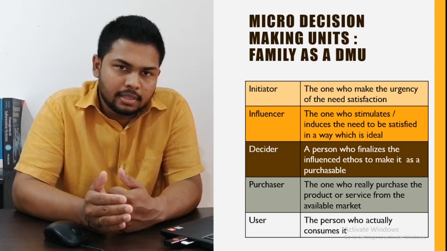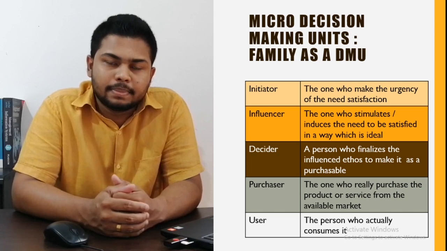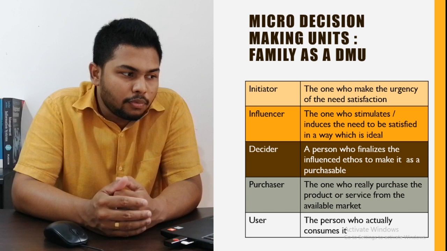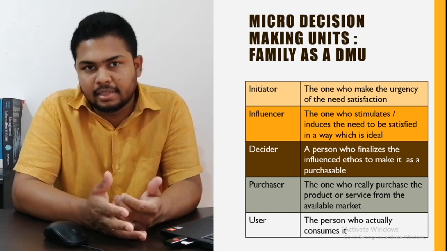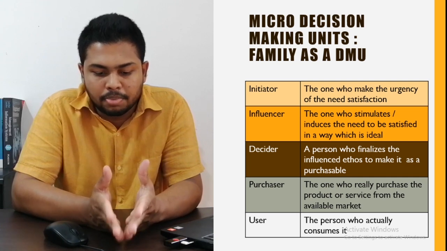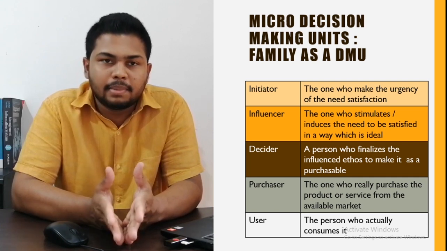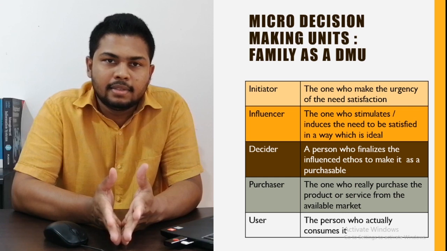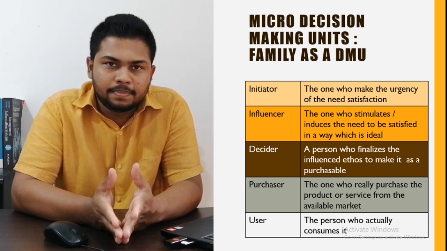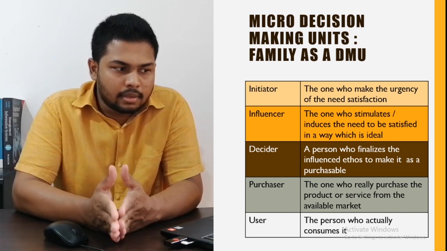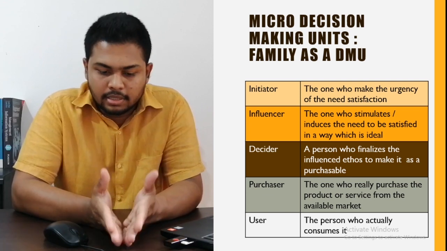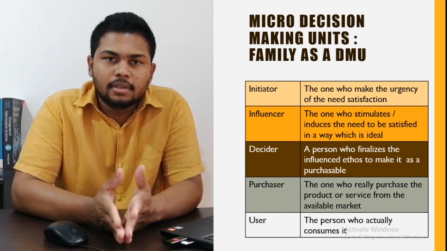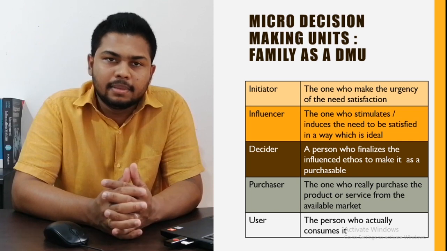The initiator was the infant. Then the second one is the influencer. The influencer is the one who influences or stimulates that particular need. Let's say the mother wants to buy some cakes for her child. That's an example, right? And she will ask your father, because the father is the breadwinner, to buy a cake for that particular child, right?